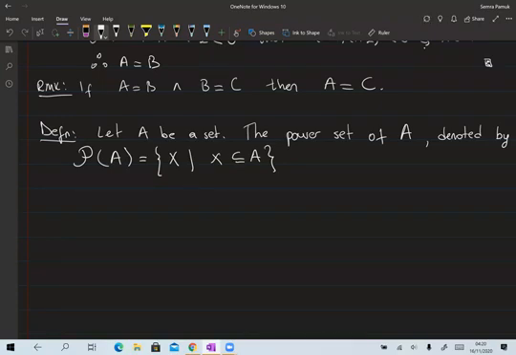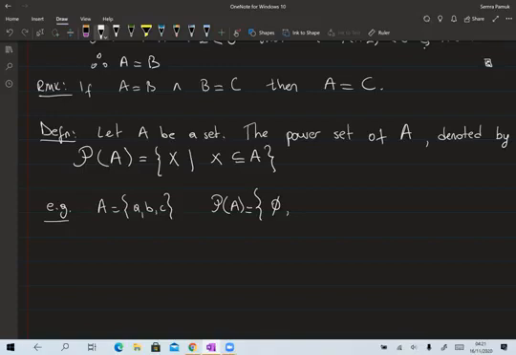Okay, so for example, if your set is finite, you can write the elements of the power set. Let us do a small one, let's say A, B, C. What is the power set? First of all, it consists of all the subsets of A. The empty set is a subset of any set.